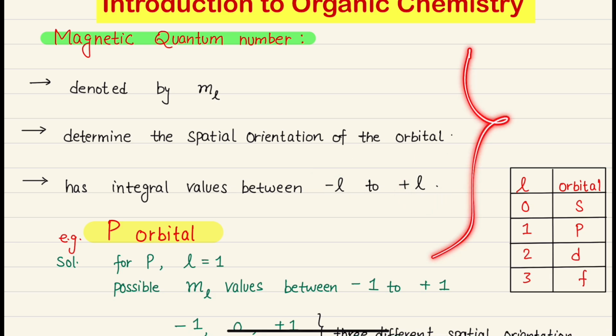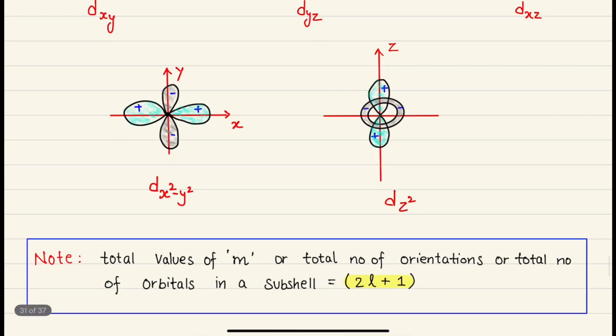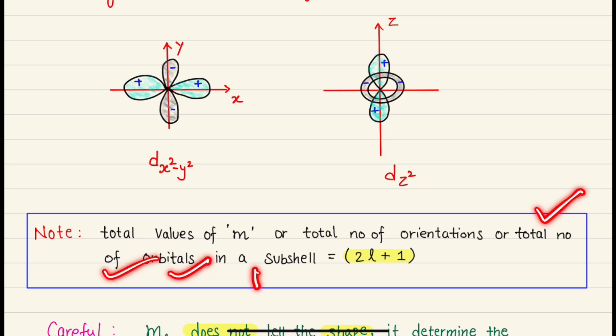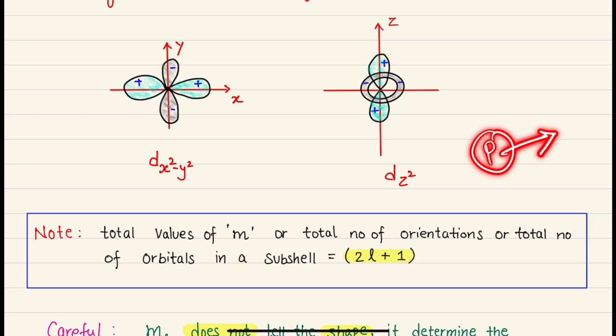Understood? And we have some notes. The total value of m, or total number of orientations, or total number of orbitals in a subshell is equal to 2l plus 1. Very, very important. Suppose I want to find how many orbitals are present in the p subshell. For the p subshell, we have L value equal to 1.